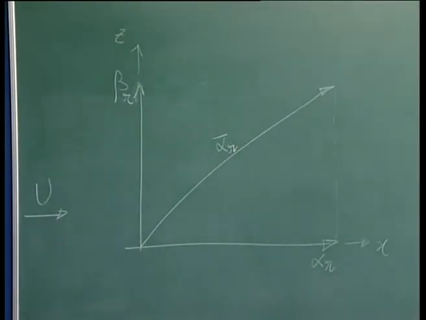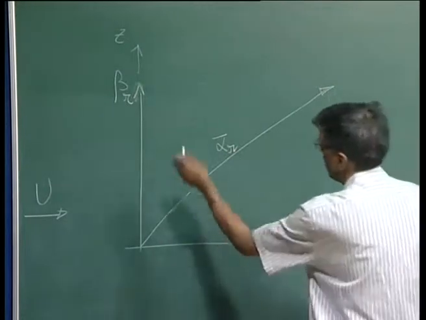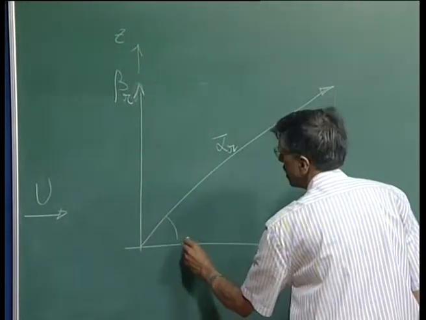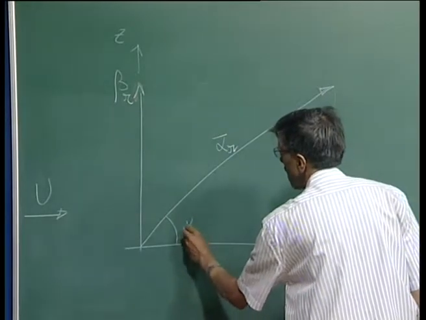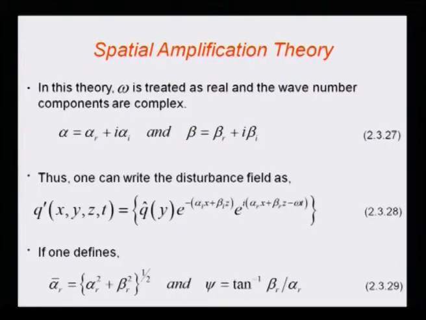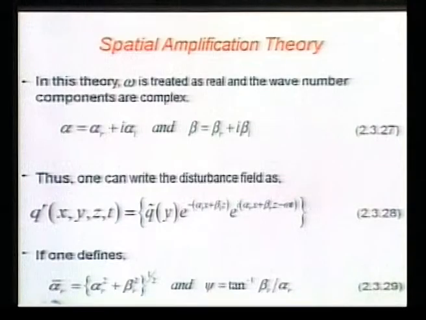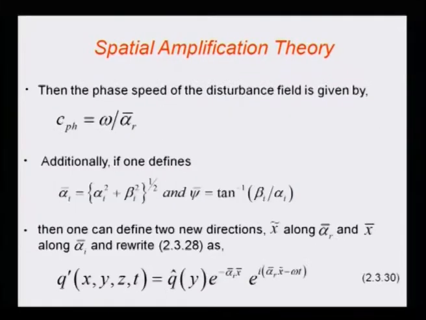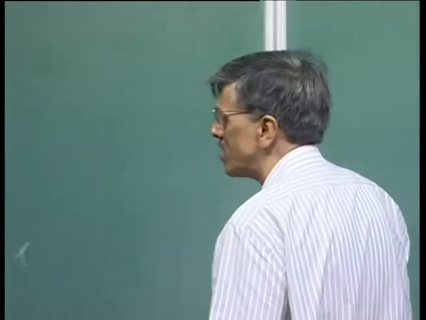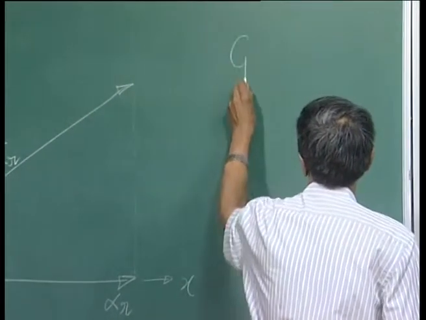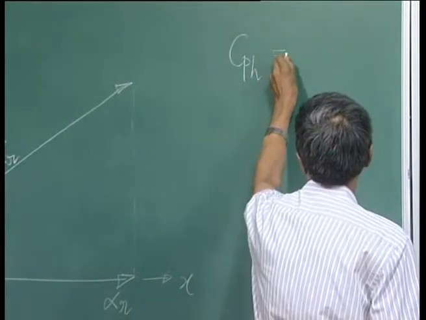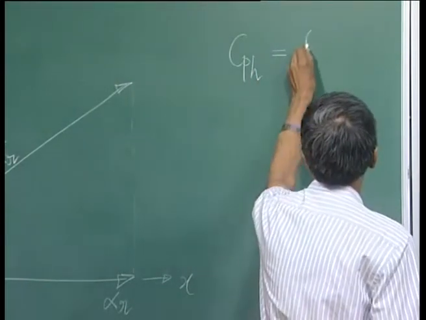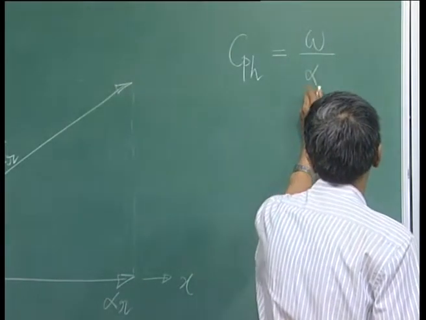This is the wave propagation direction, and tan inverse of beta r by alpha r is going to give me psi. That is what your last equation here is. It is almost like what we saw in the previous case. Since omega is real for the spatial theory, we can very clearly work out the expression for the phase speed, which is nothing but omega by alpha r bar.